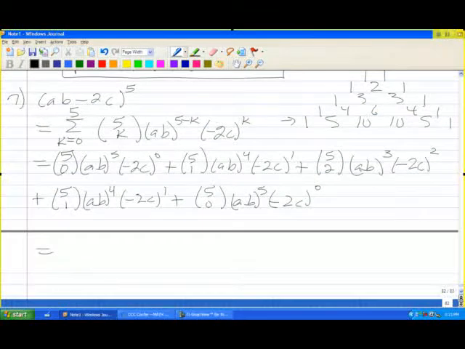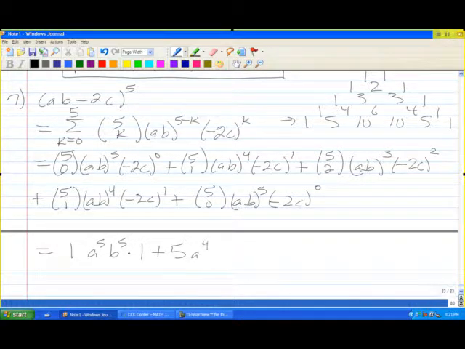And so it is 1 AB to the 5th, negative 2C to the 0 is 1, plus 5 AB to the 4th, plus 5C2, which is 10, A to the 3rd, B to the 3rd.